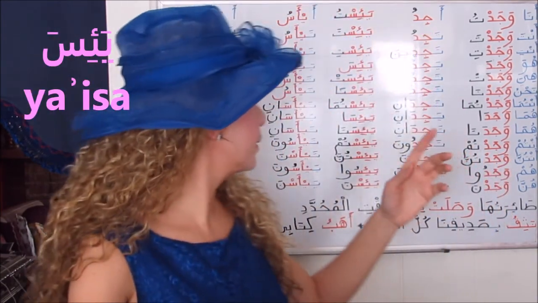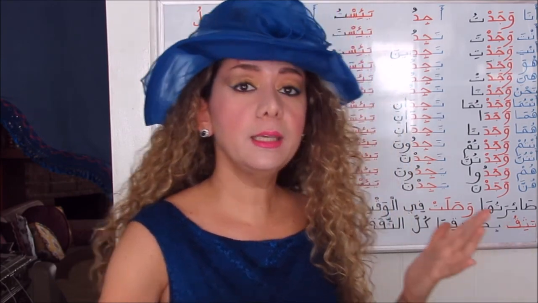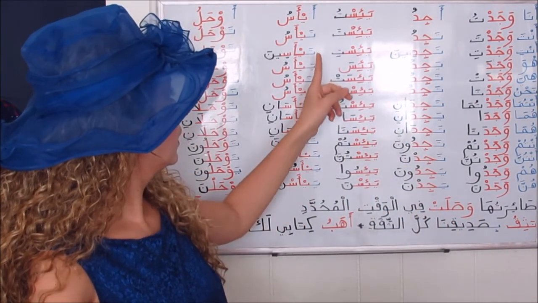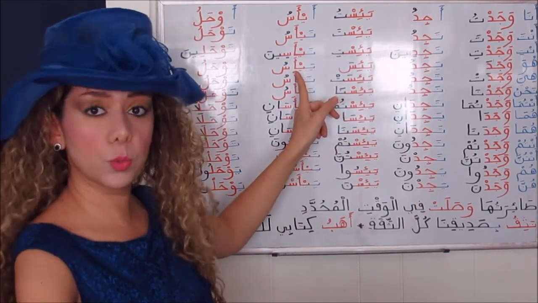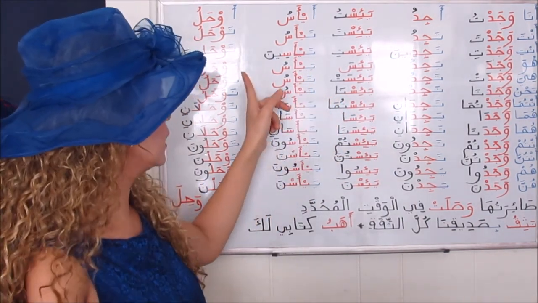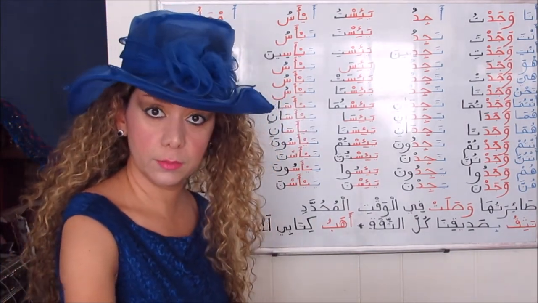For example, the verb ye'isa, to lose hope. Ye'asu, here, ye'isa, ye'asu. It's same as here, just here we have a ya as first radical.